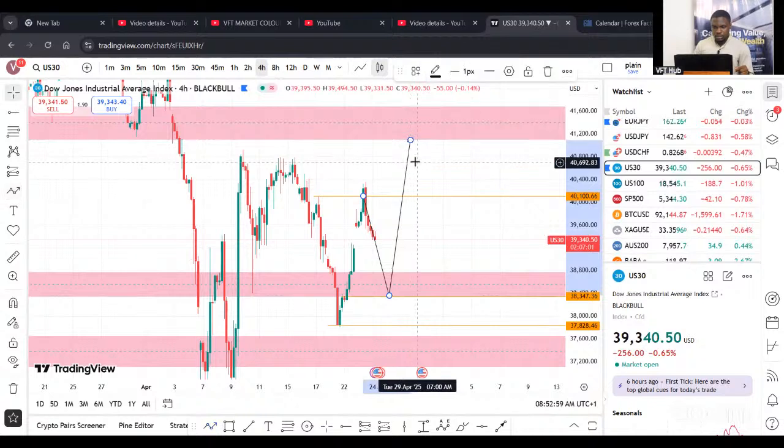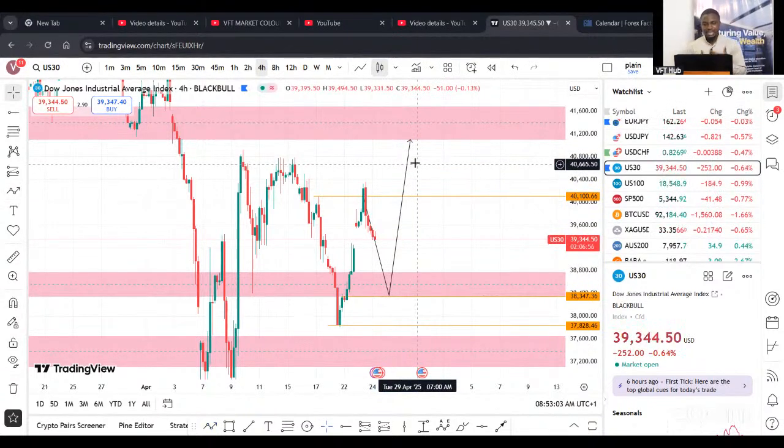Right. So all of this technical analysis is based off of the sentiment and the fundamental we have going on currently in this market. And that is what is giving us that level of confidence, or our bias, for taking a buy on the US markets, US 30, especially. Structurally, on the daily time frame, it looks very much bearish.